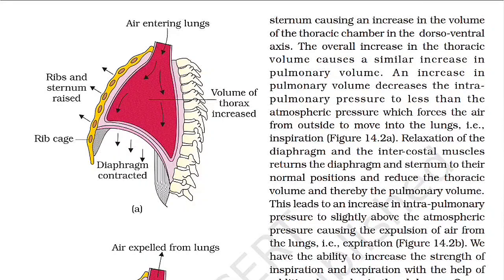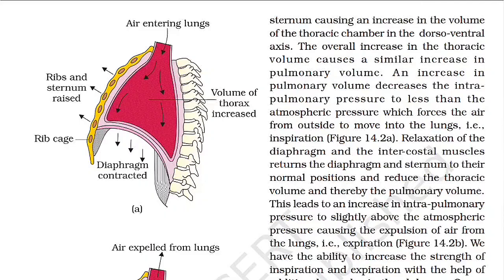Relaxation of the diaphragm and the intercostal muscles returns the diaphragm and sternum to their normal positions and reduces the thoracic volume and thereby the pulmonary volume. This leads to an increase in intrapulmonary pressure to slightly above the atmospheric pressure, causing the expulsion of air from the lungs, that is expiration.